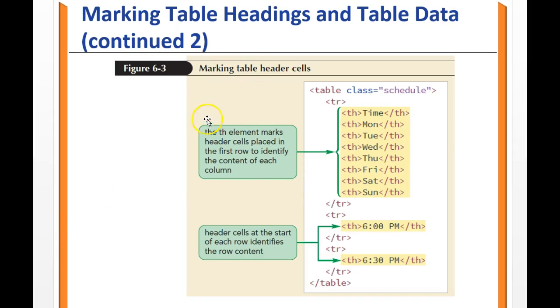So this is how we are going to use the table header cells. You can see all of these use TH for the header: the time, and the days, Monday, Tuesday, Wednesday, Thursday, Friday. They are all bold and centered by default. Again, you have a header cell here that starts from 6, 6:30. These are all header cells.